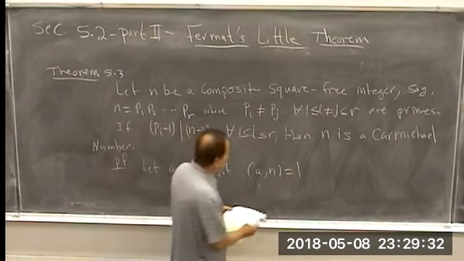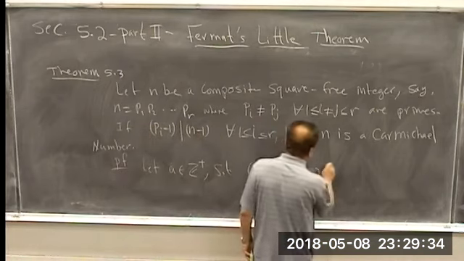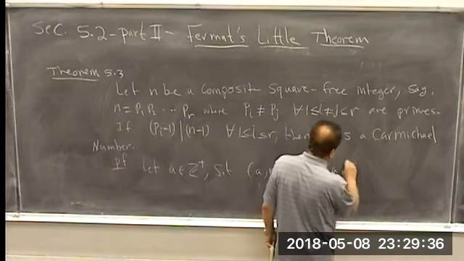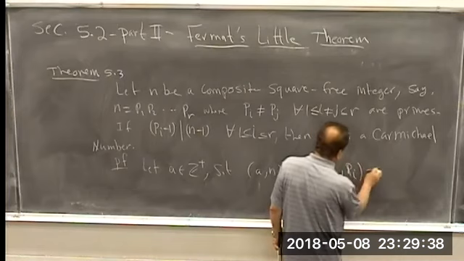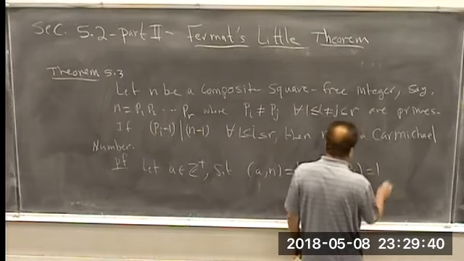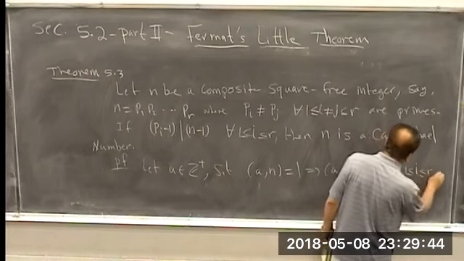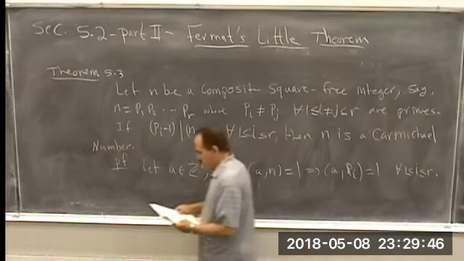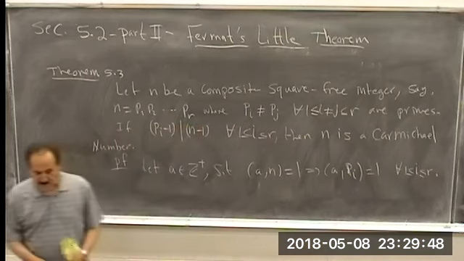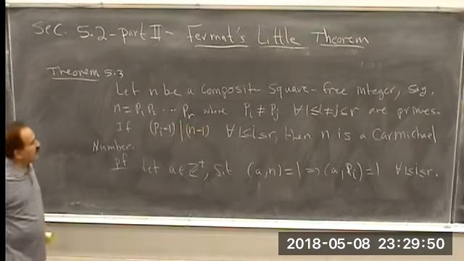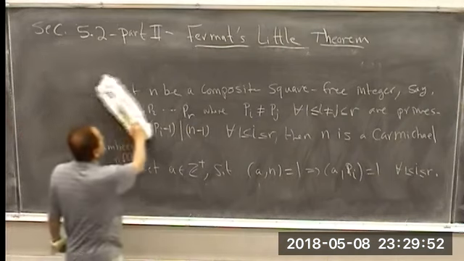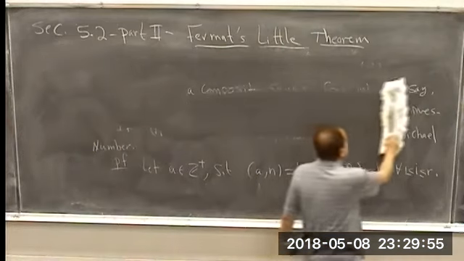And this implies that, of course, A and any of the prime factors of N are relatively prime, for every i between 1 and R. Now we're going to apply Fermat's theorem to each one of these primes.